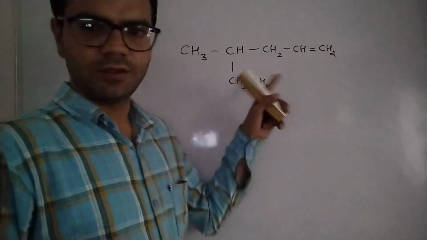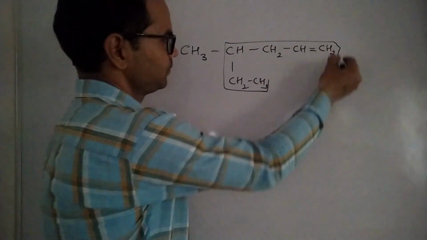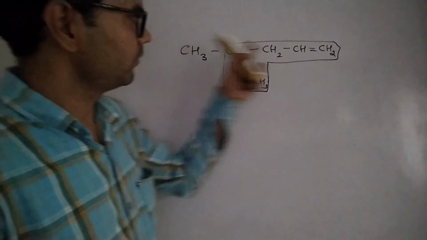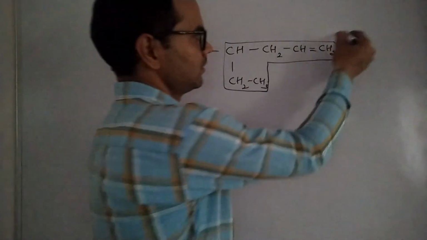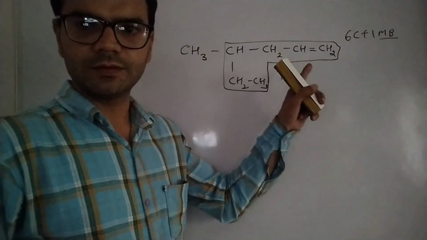So select the longest parent chain. Now the parent chain will be this. It contains 1, 2, 3, 4, 5, 6 carbons plus one multiple bond.